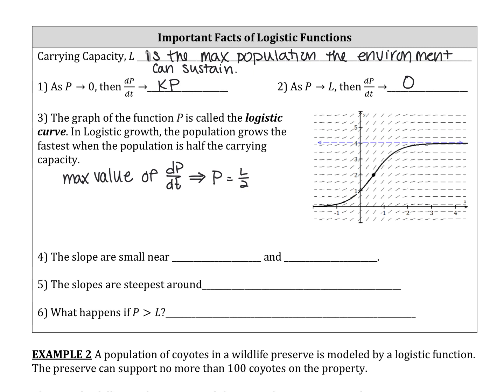To find the time of the max rate of change, all we need to do is take 1 over k times the natural log of A.